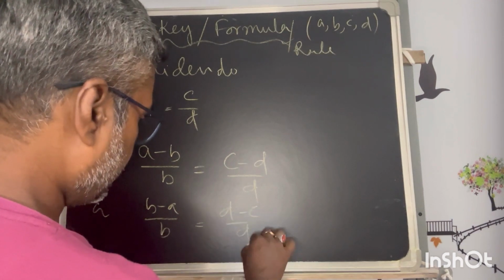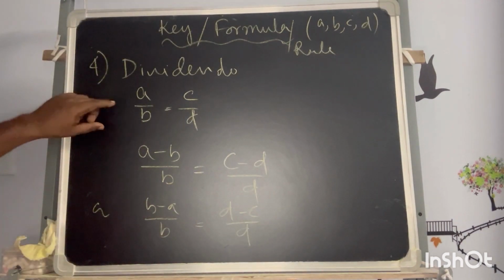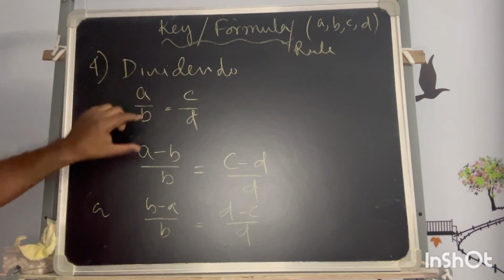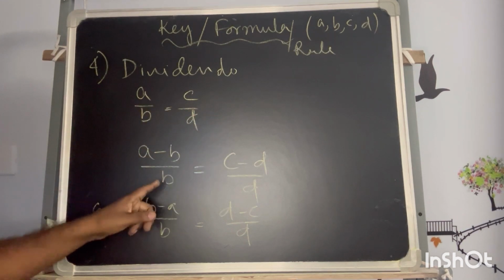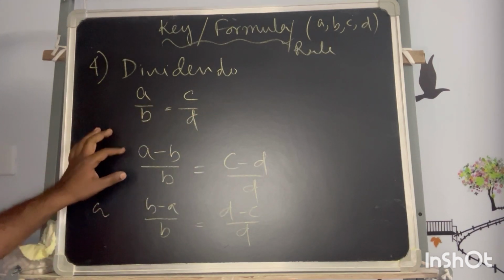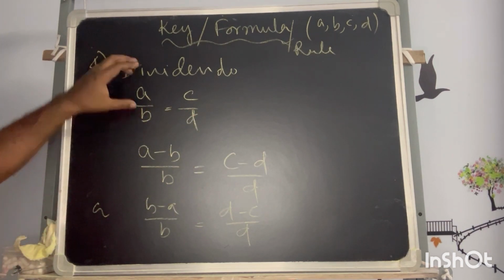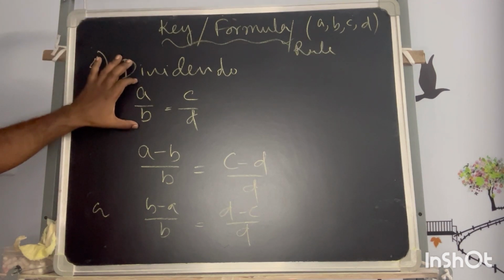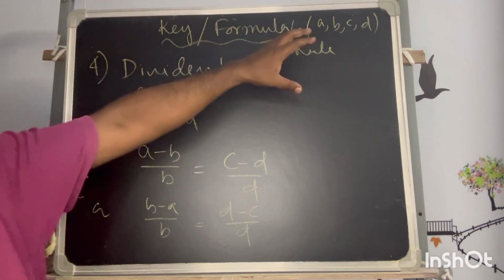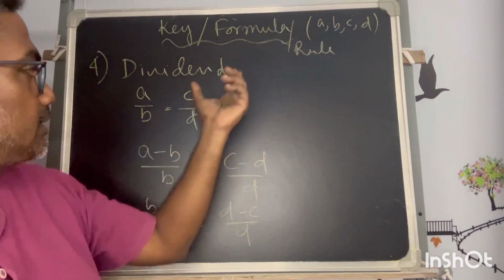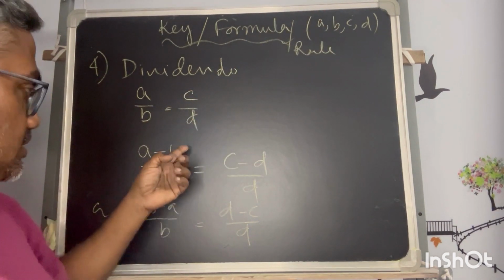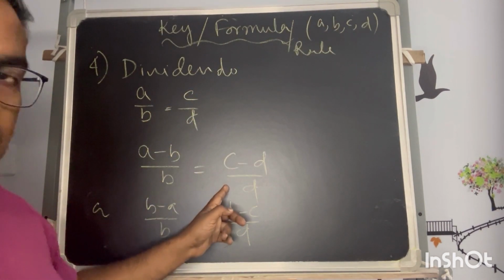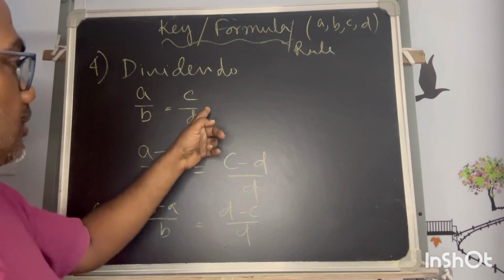Both are correct. Now in this case, this is differently equal. I am not saying this is equal to this. In other cases, whatever I have computed there, the difference is equal to this ratio, but in this case, these are equal to this, but these are not equal to this.